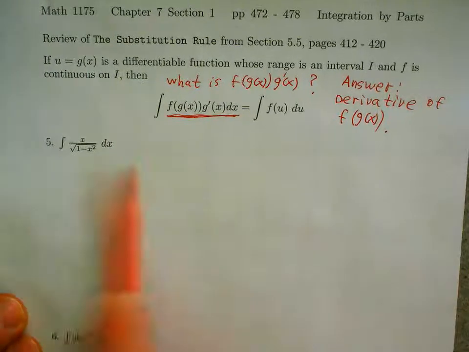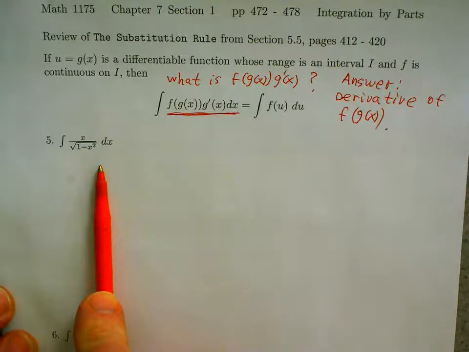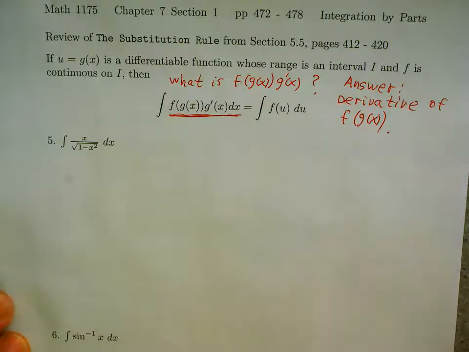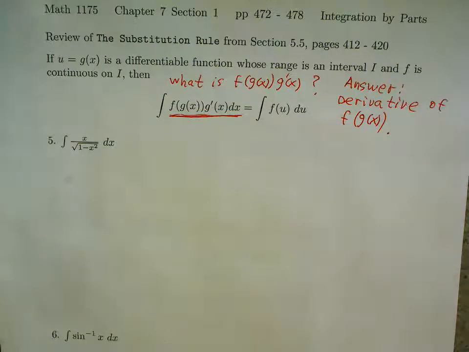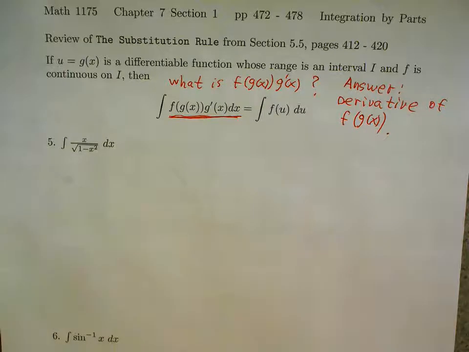So we'll do this problem. This is a review problem involving the substitution rule. So the indefinite integral of x divided by the square root of 1 minus x squared dx. At first glance, that might look sort of intimidating, but if you've used the substitution rule quite a bit, then it might just jump out at you what needs to be done.